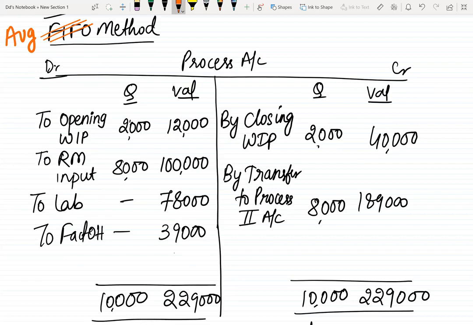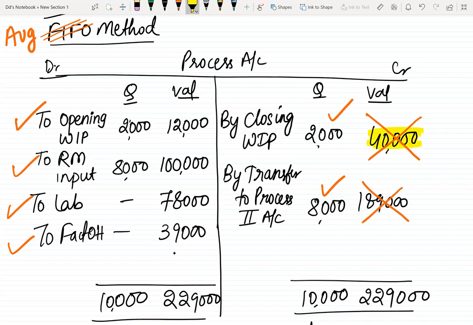By the way, apply your common sense. This will not change. Correct. Raw material input, labor, factory overhead. Nothing on the debit side will change. Listen to me. On the credit side also, closing WIP quantity, transfer quantity will not change. What will change is only the valuation part. So except these two numbers, which I have highlighted now, everything else you can copy as it is. Please do it.